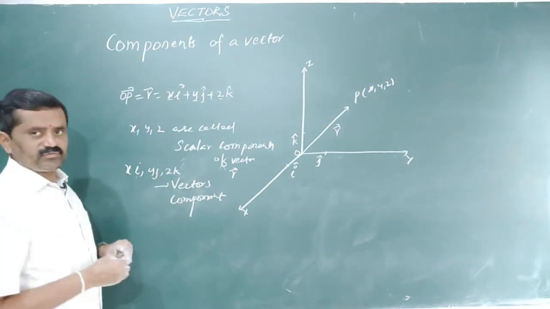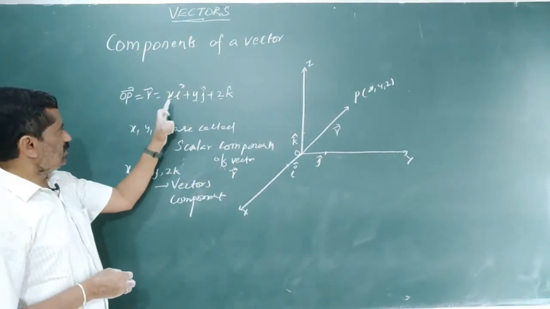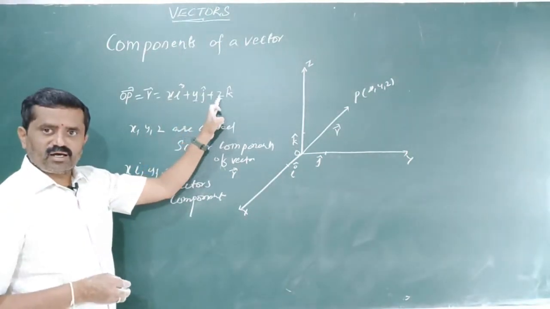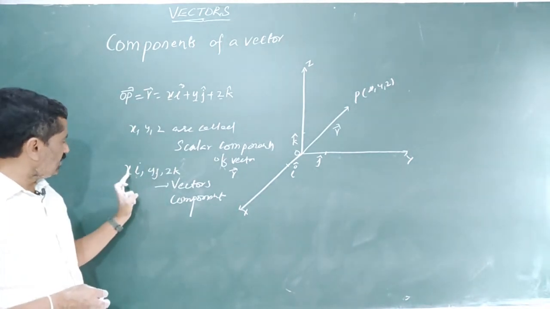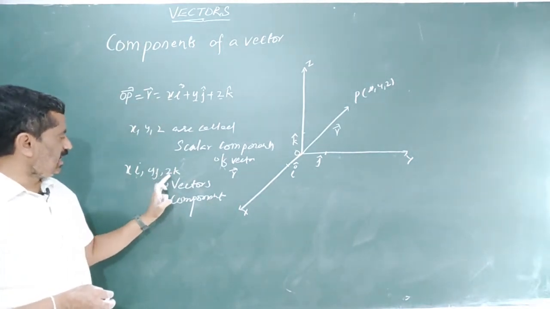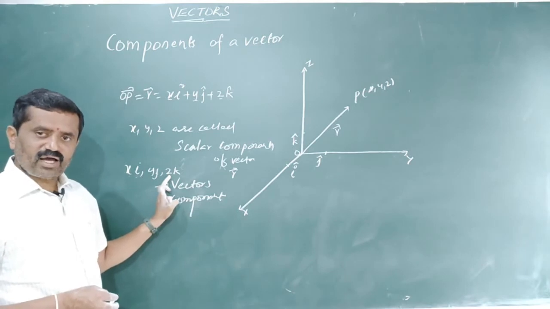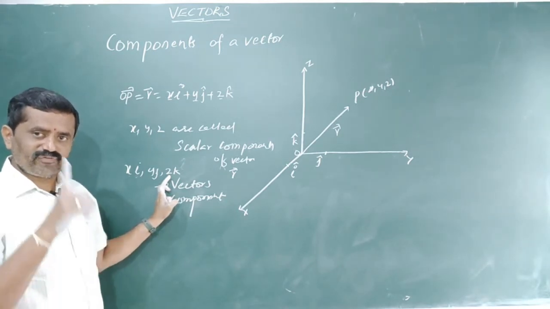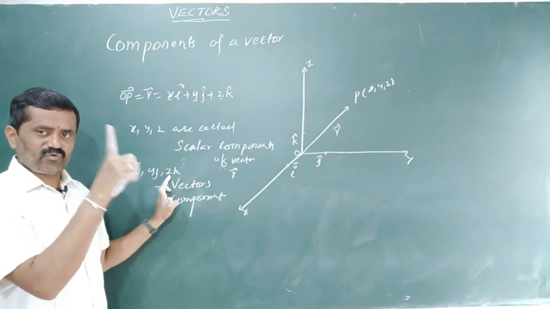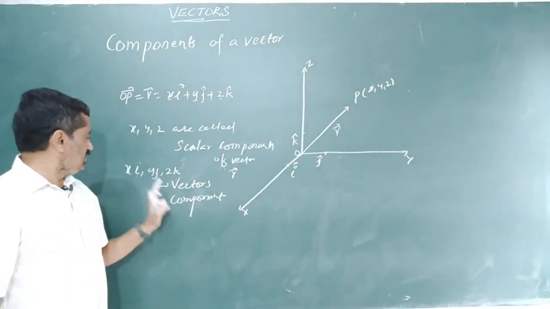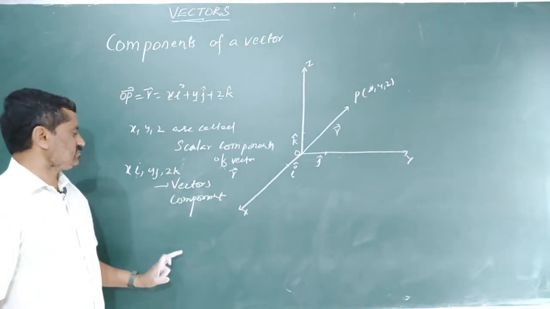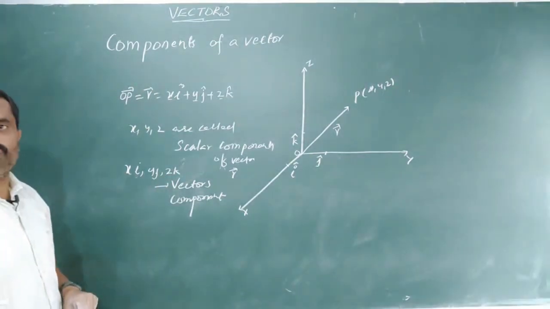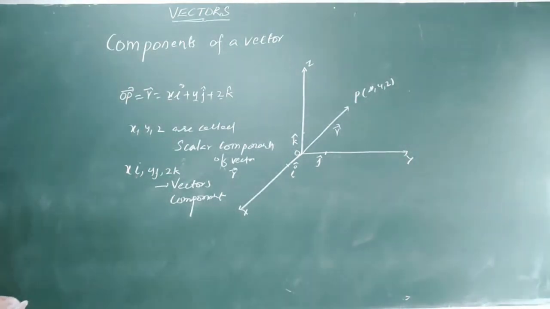Dear children, again here x, y, z are scalar components of a vector r, and xi, yj and zk, where i, j, k are unit vectors in the directions of the x-axis, y-axis, z-axis respectively, are called vector components of a given vector.